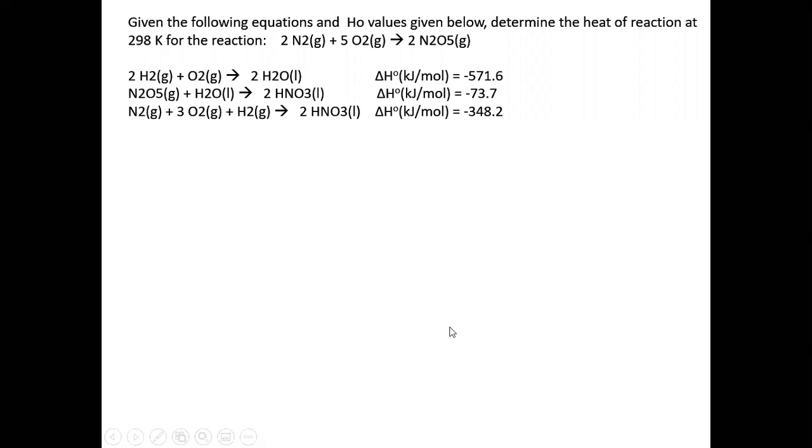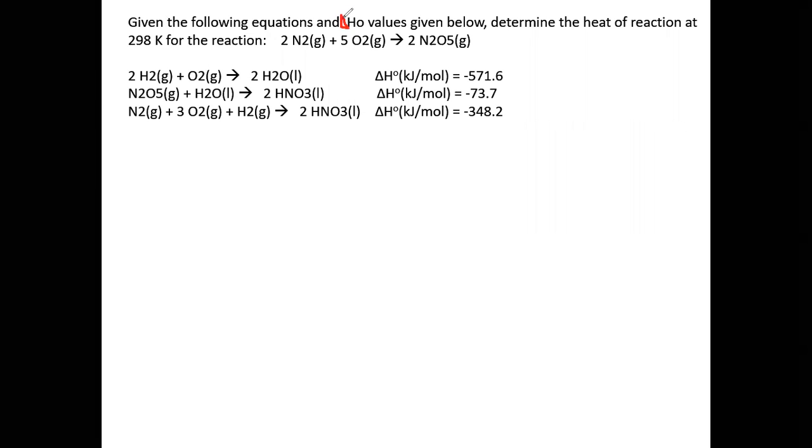So the last two problems were dealing with thermochemical stoichiometry. Here we want to know the delta H of a reaction given a series of reactions. Okay.